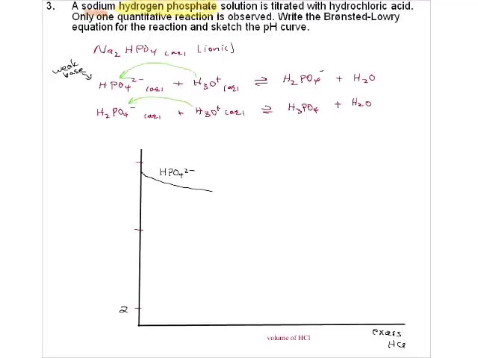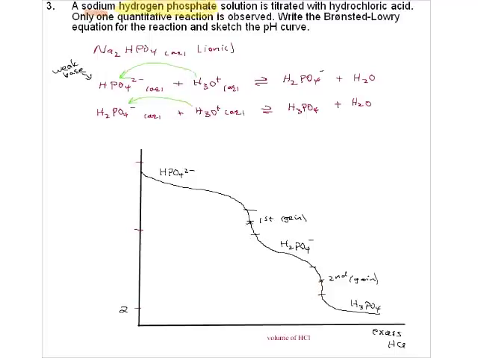And it's going to drop, drop, drop until eventually it drops off to produce the first point. And then H2PO4- is going to be present, and that now is going to be a much lower pH. And of course we see the second gain down here.